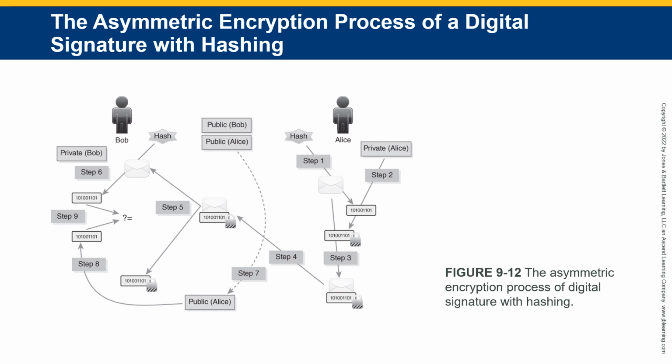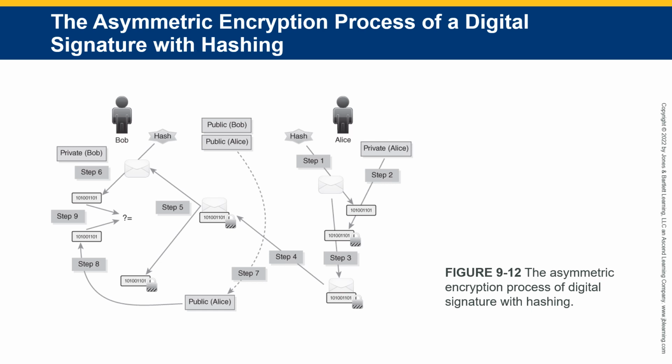As we see there, the hash is created, and it's 101.001.101. As it goes through all these steps, 1, 2, 3, it's added onto the encryption because Alice is sending stuff to Bob. She encrypted with Bob's public key.